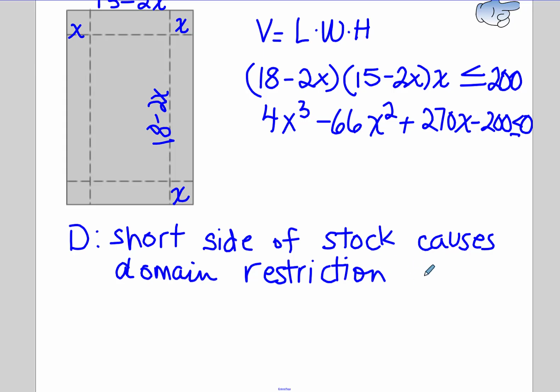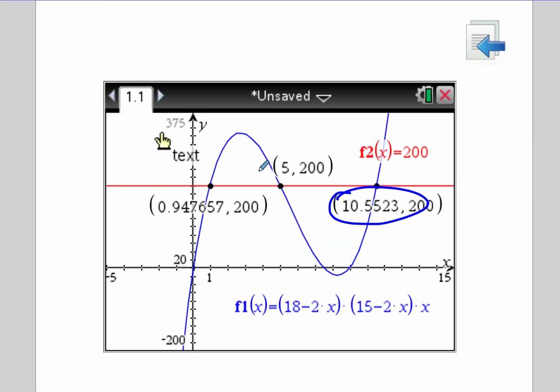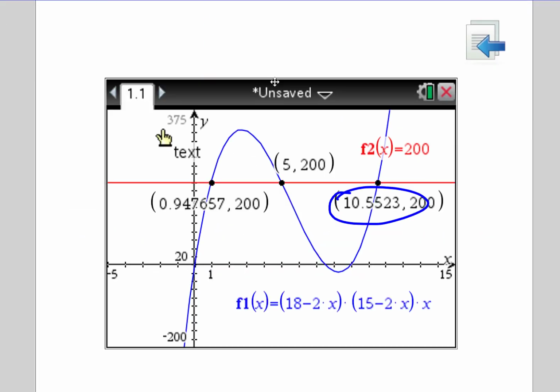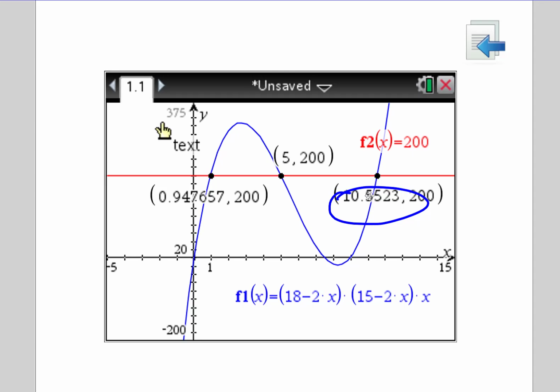So we can't have no more, the domain has to be less than 7.5 inches to cut out of the square, because if you cut 7.5 inches out, you're cutting that cardboard in half. There's nothing left except 2 halves that are 7.5 inches. Does that make sense?